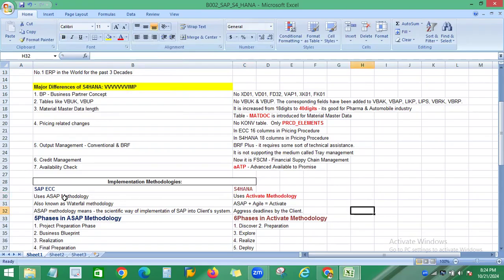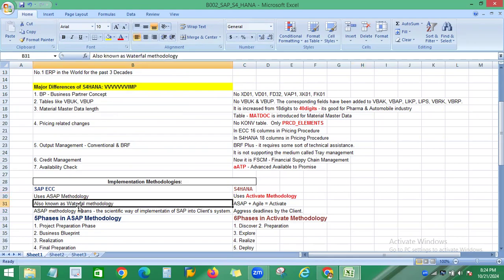So the ASAP methodology is based on waterfall technology. Waterfall, in a single word, I will tell: unless and until our project is complete, we will not get to know whether we are going in the correct direction or not.